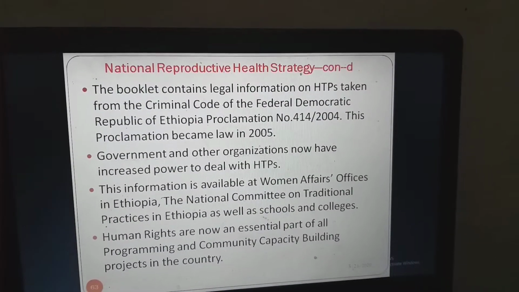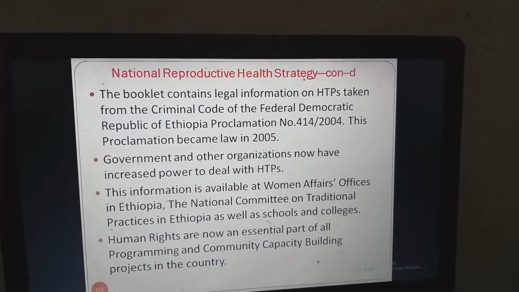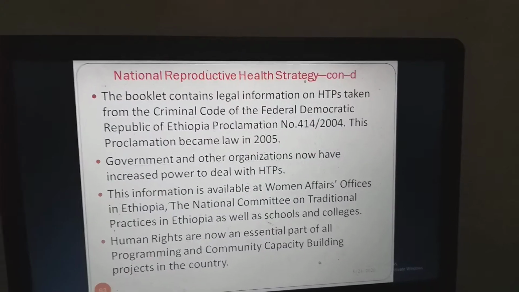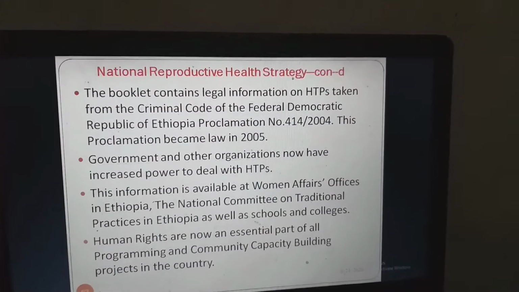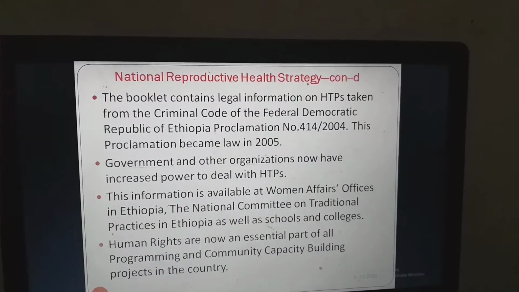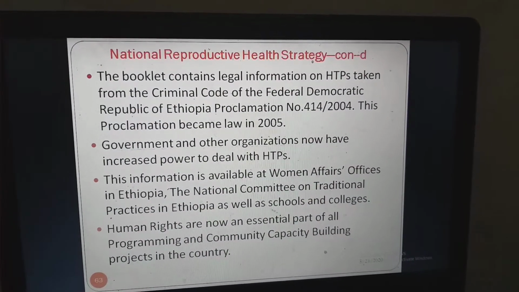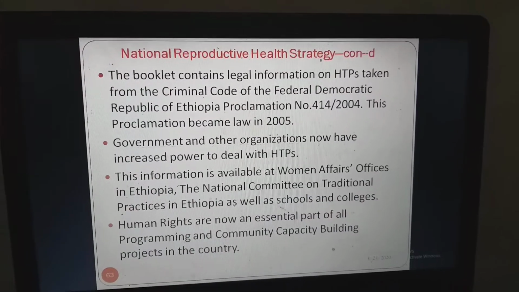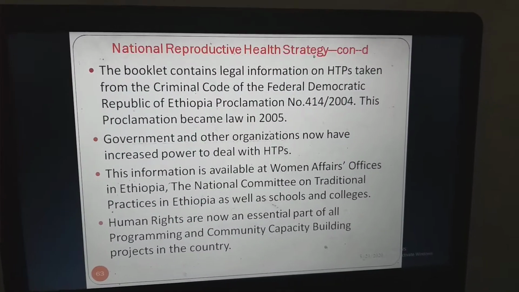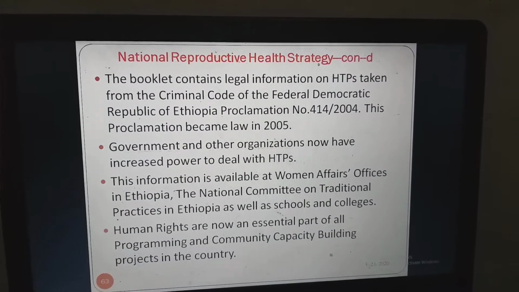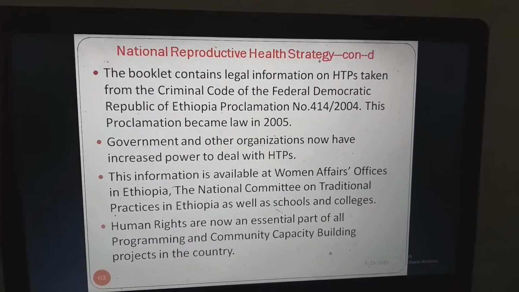The booklet contains legal information on harmful traditional practices taken from the Criminal Code of the Federal Democratic Republic of Ethiopia, Proclamation number. This proclamation became law in 2005. You should apply. I hope such a constitution is found in Somaliland again. So you should apply this one.